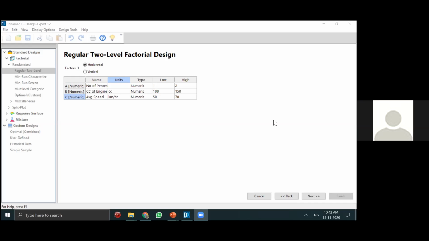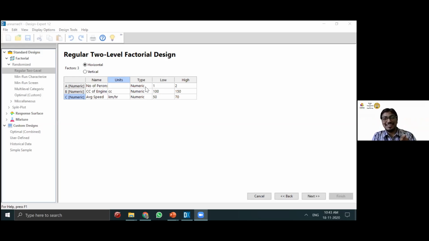Sir, one doubt. If we are not using any numeric values, only factors other than numeric values, how do we define low and high in that case? Usually then we have to take categorical factors. These are numerical factors. Actually, I was expecting someone to point this out.